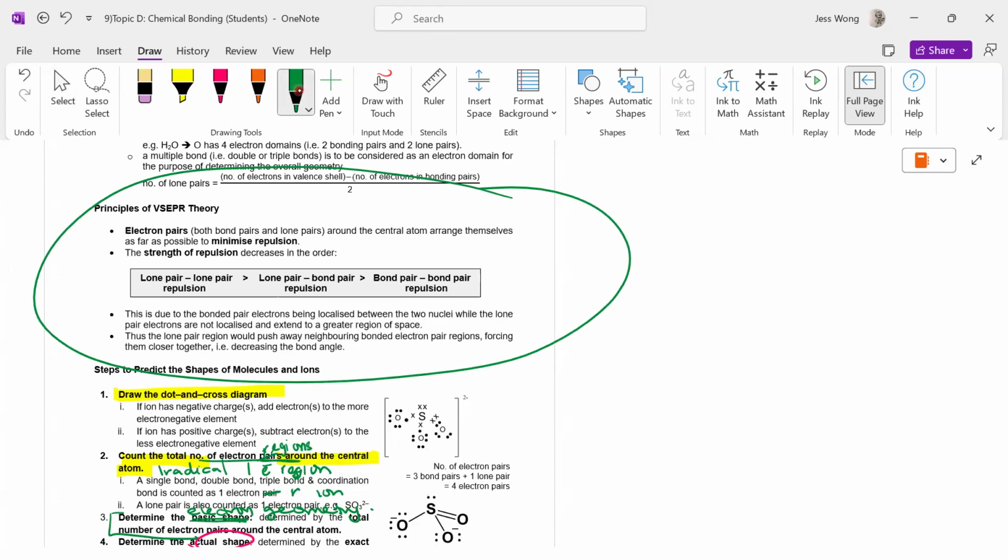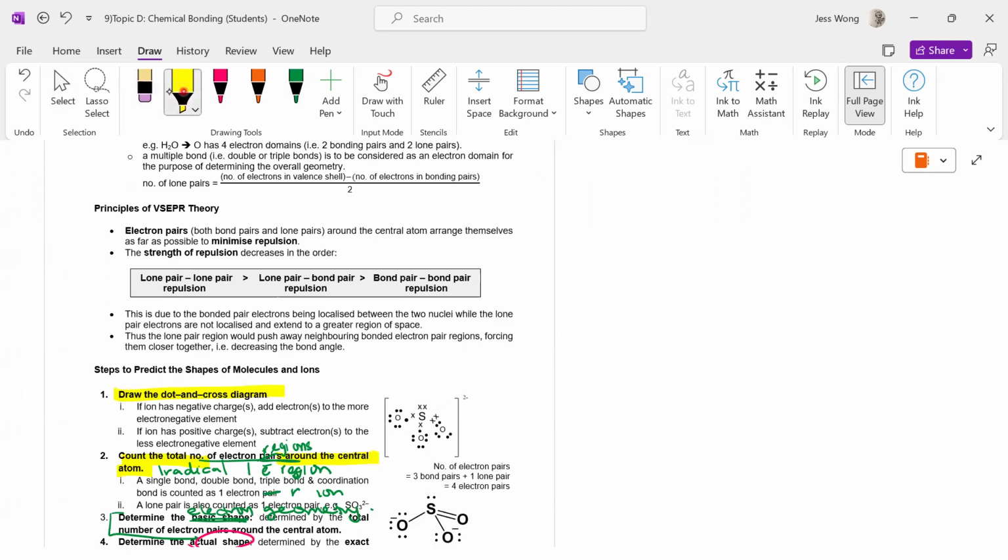Now, we have 2 types of electrons. One of them is called lone pair. One of them is called bond pair, right? And we find that lone pair, because it's not localized between any nucleus, tends to occupy a lot of space.